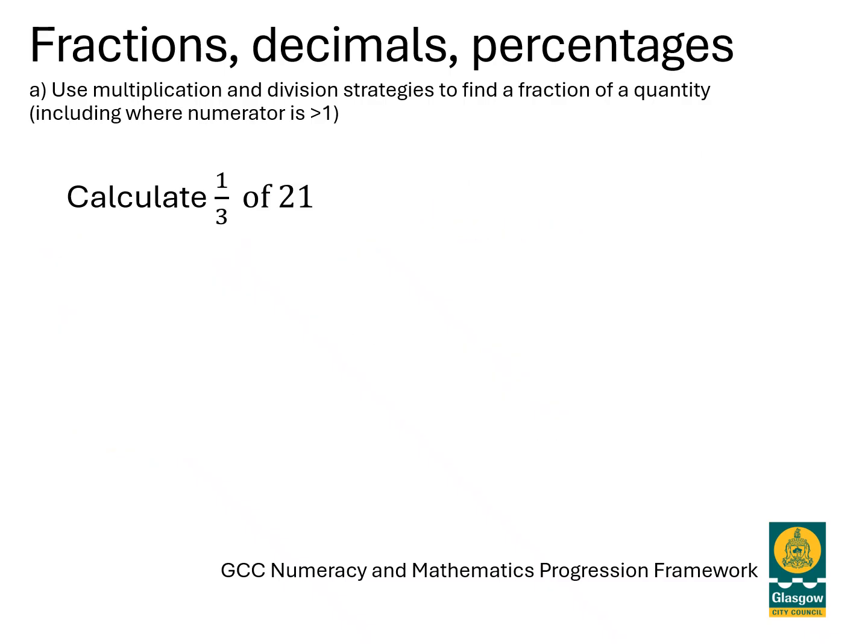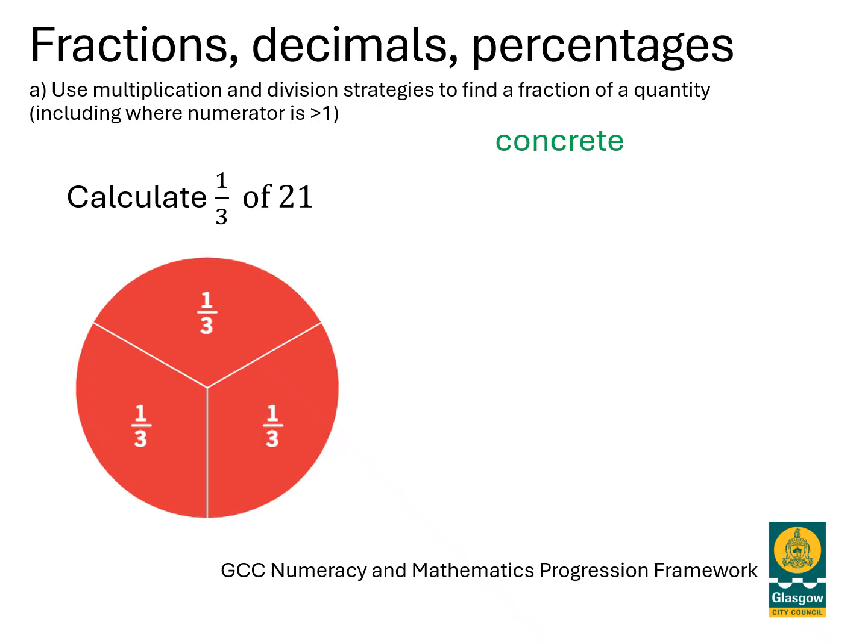When they are trying to calculate a fraction of a group, we were looking at a fraction of a shape or a fraction of an object there with the pizza, but we can use that to help us with a fraction of an amount, a fraction of a quantity. If we want to use a concrete example, and this is what we suggest through primary 5, a sharing circle that looks a bit like a pizza or a familiar layout of thirds would be helpful here.